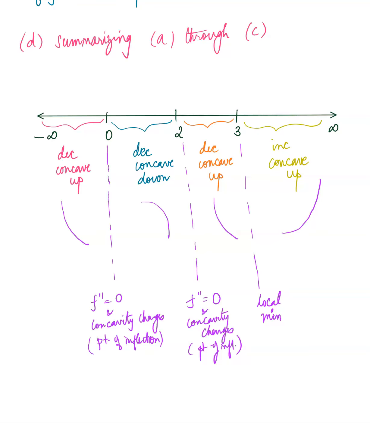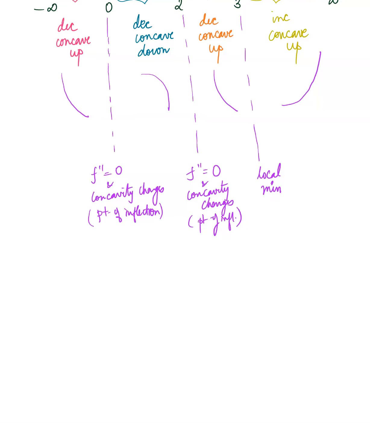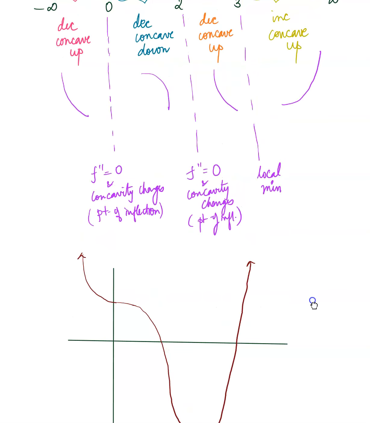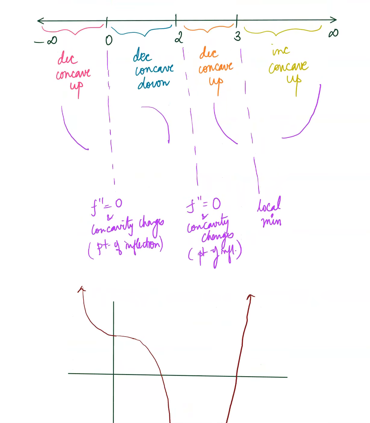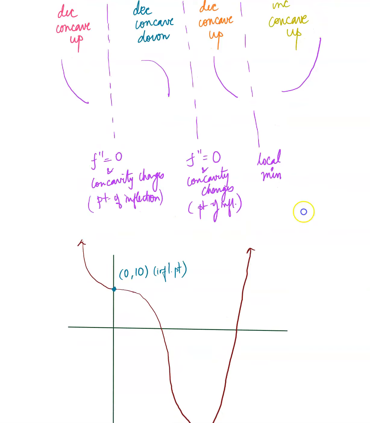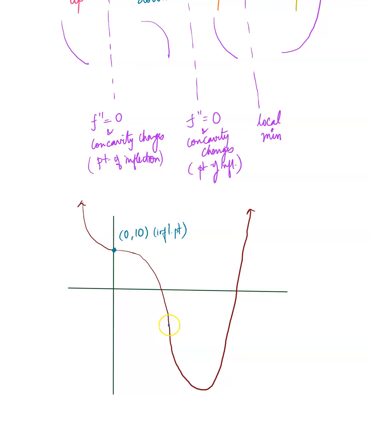If you put them all together, this is how the general sketch will look. Okay, so that's negative infinity all the way to 0. You can see that. Okay, this point, find the coordinates, of course. At the 0, 10 inflection point. Then we have 2. 2 also has an inflection point. So that will be 2, negative 6 when you do the coordinates. That's an inflection point.